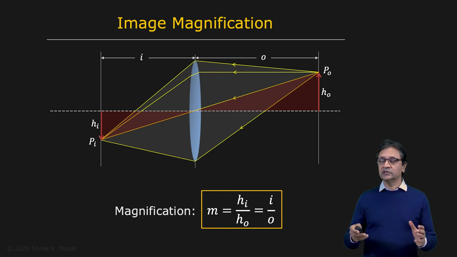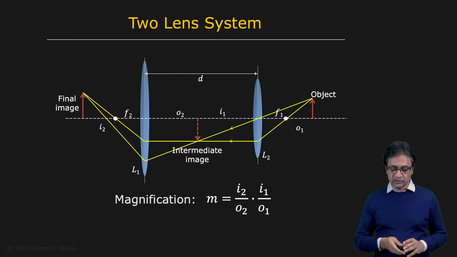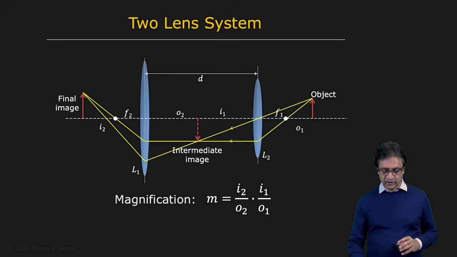And so one can actually change the magnification of a lens system by using multiple lenses. So let's take a look at this two-lens system. In this case, you have lens L1 and L2, and you have an object here at distance O2 from the lens L2. This object is imaged onto this point right here. So it's focused onto this point here.